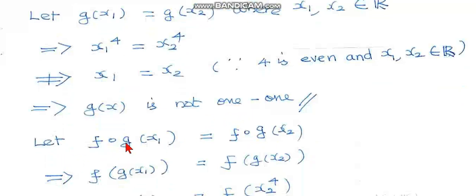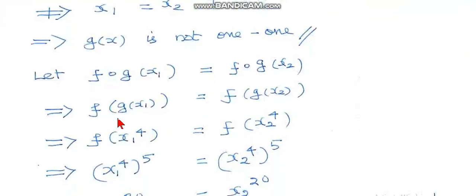Now let f dot g of x1 equal to f dot g of x2, because we want to know whether f dot g is 1, 1 or not. That is f of g of x1 equal to f of g of x2. That is f of x1 to the power of 4 equal to f of x2 to the power of 4. That is x1 to the power of 4 whole power 5, applying the rule for f, x2 to the power of 4 whole power 5.